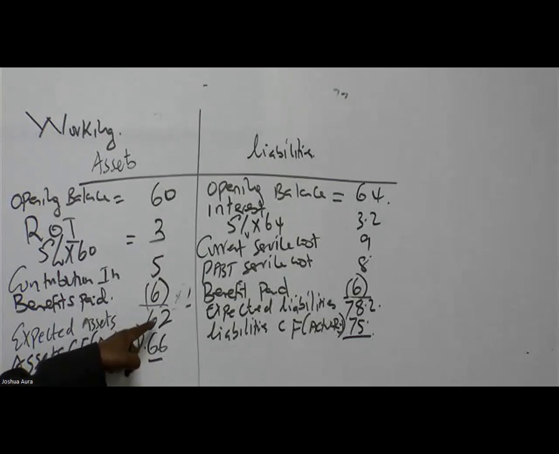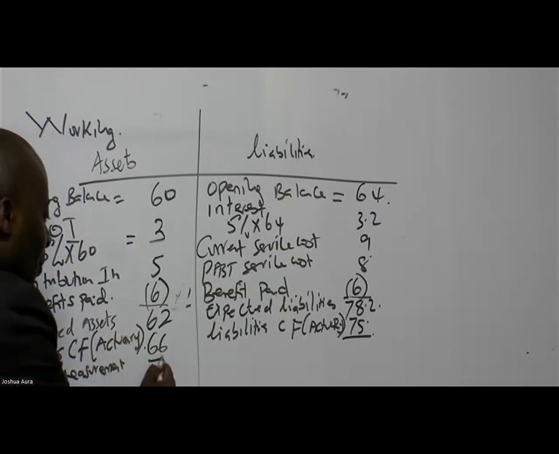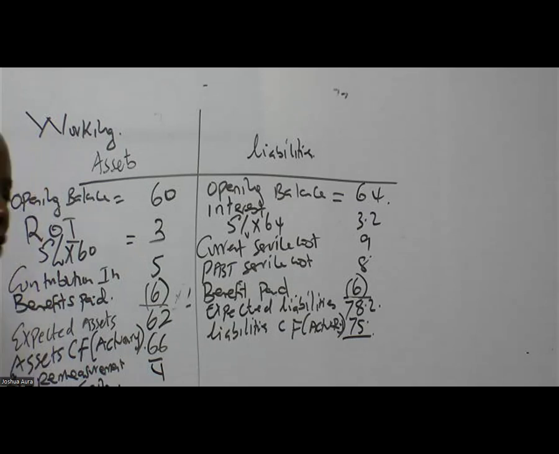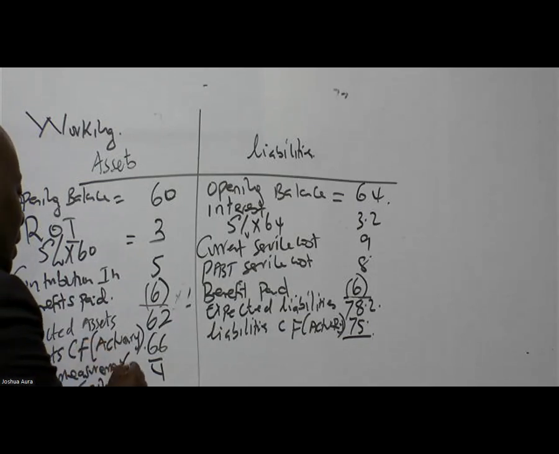Is there somebody who is able to see that change? This is what we expected. This is the actual 66. It's a change of 4. So this remeasurement is a gain to the pension plan. Please write there, this change, remeasurement is a gain.